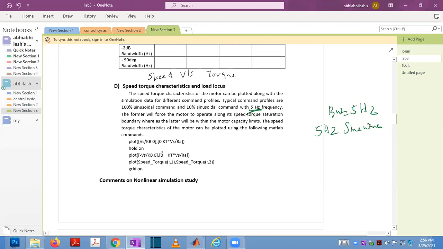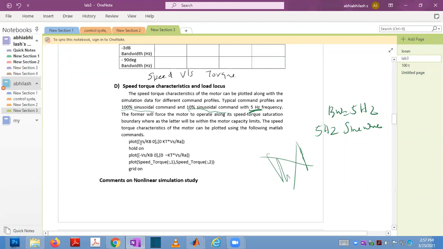You are using a sine wave because you will get the positive and negative cycle. You have to use 100% sinusoidal command and 10% sinusoidal command and plot the speed torque characteristics. The speed torque characteristics will come on the positive side as well as the negative side.